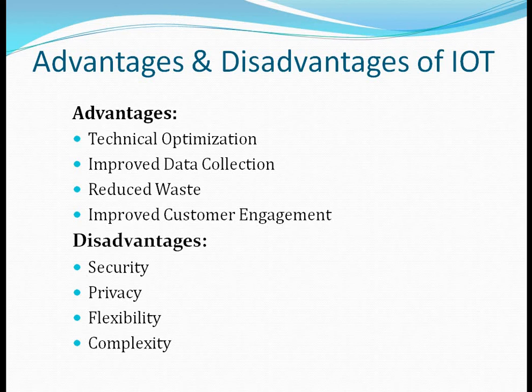There are many systems working at a time here, so there is some difficulty in providing flexibility for them. Next one is complexity. So many devices are connected, interconnected and interacting with each other, so there is a bit of difficulty in handling the complexity. These are the advantages and disadvantages of IoT.